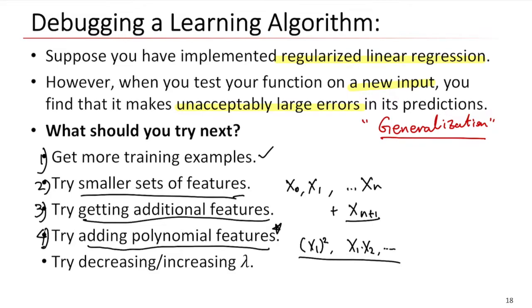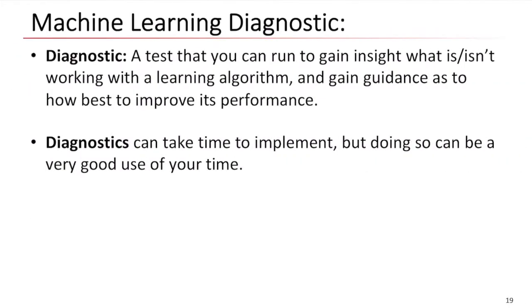But at the same time, there are overfitting problems, so we have to be careful choosing the polynomial features. Or try decreasing or increasing the regularization parameter, or penalty parameter, right? So we can adjust this parameter.